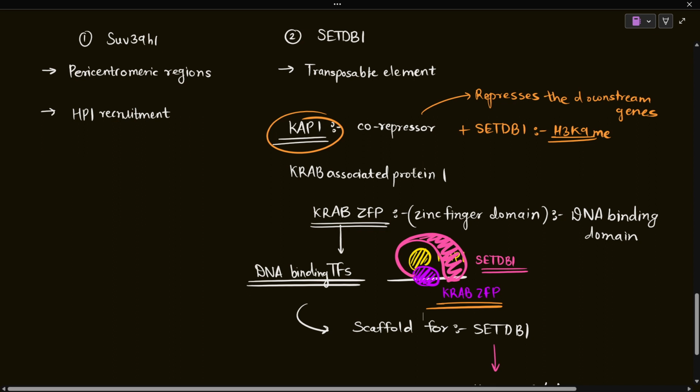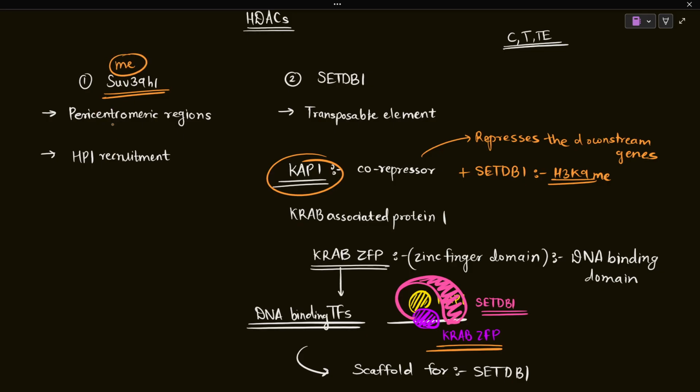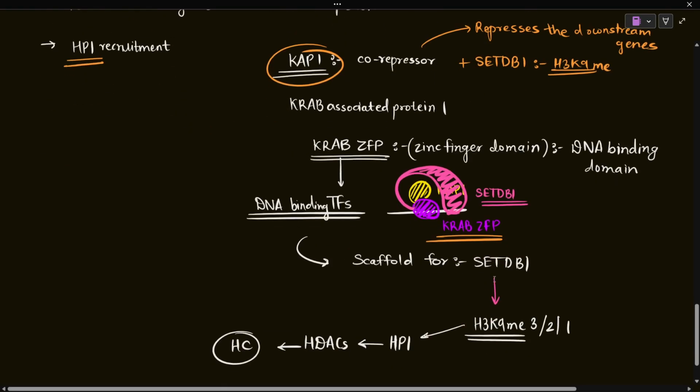So this is how the two of them differ. SUV39H1 methylates the H3 protein, and due to the methylation it recruits HP1. But for SETDB1 to act, it needs a scaffold of KAP1 and KRAB proteins.